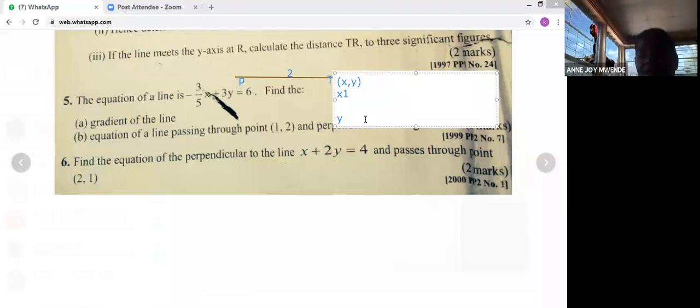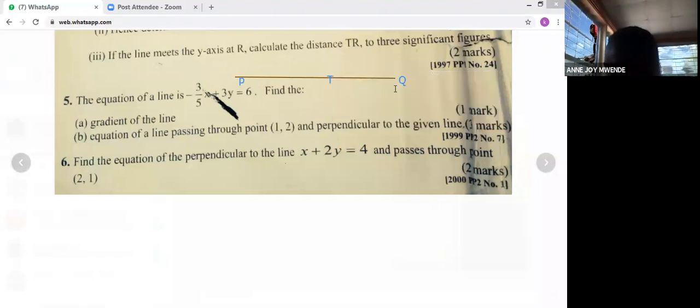Then after that, we substitute. We have (x, y) minus (1, negative 2) is equal to 2/3 times (3, 12). Then you open up the bracket, 2/3 times 3 is 2, 2/3 times 12 is 8.